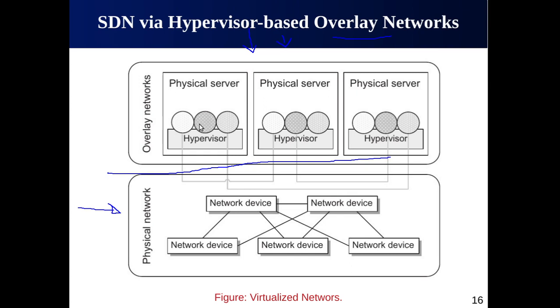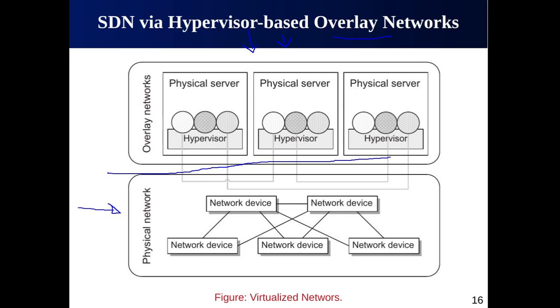So conceptually, the virtual network traffic runs above the physical network infrastructure, and the role of the hypervisors is very critical. They have to inject traffic into the virtual networks, and they have to receive traffic from it as well. So the traffic of the virtual network is passed through those physical devices, but the endpoints are unaware of the details of the physical topology, how routing occurs, or other basic network functions.